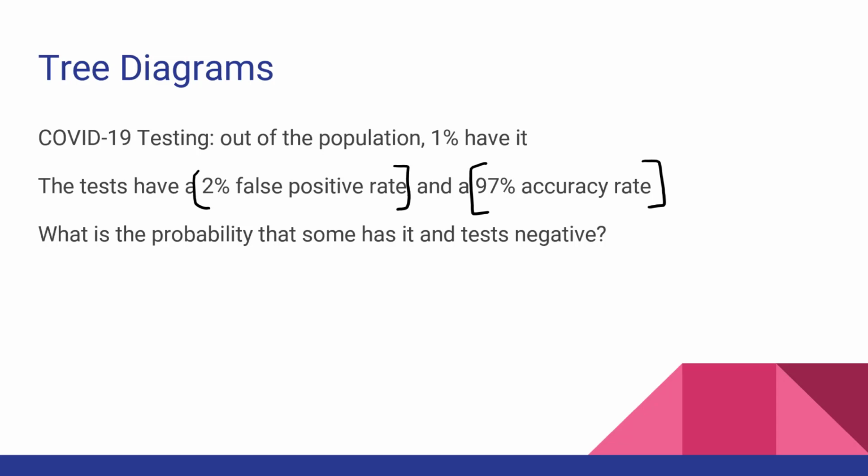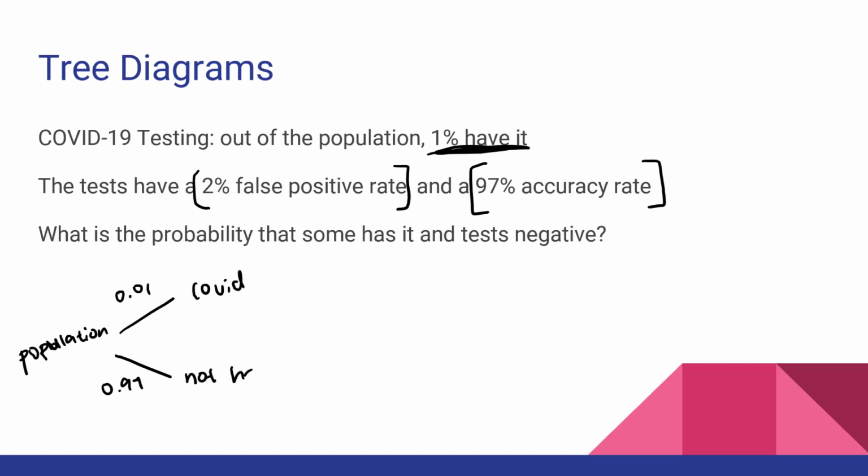First, we put our entire population as our big pool of people, and then we're going to branch out from inside the population. First, we have to go with the percent of people that have COVID or not. We know that 1% has it, so we'll put that up here: 1% of people having COVID, and then 99% not having COVID. Now, let's say everyone goes and gets tested.